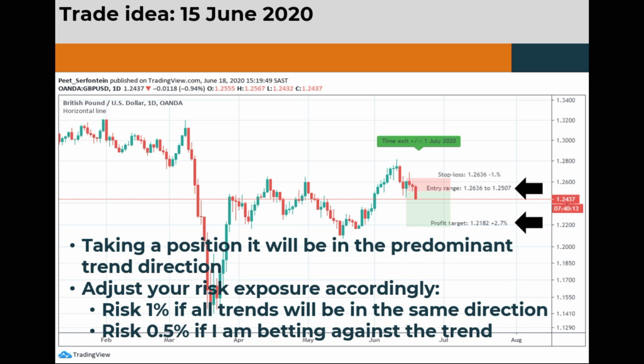Now if the trade idea was against the predominant trend direction, I will only risk more or less half of my usual risk appetite. That's 0.5% of my risk appetite. So this is just highlighting that if a trade idea is pushing in the same direction, you can be a little bit more aggressive on your position sizing. If it's against, then you need to trim down that risk exposure.